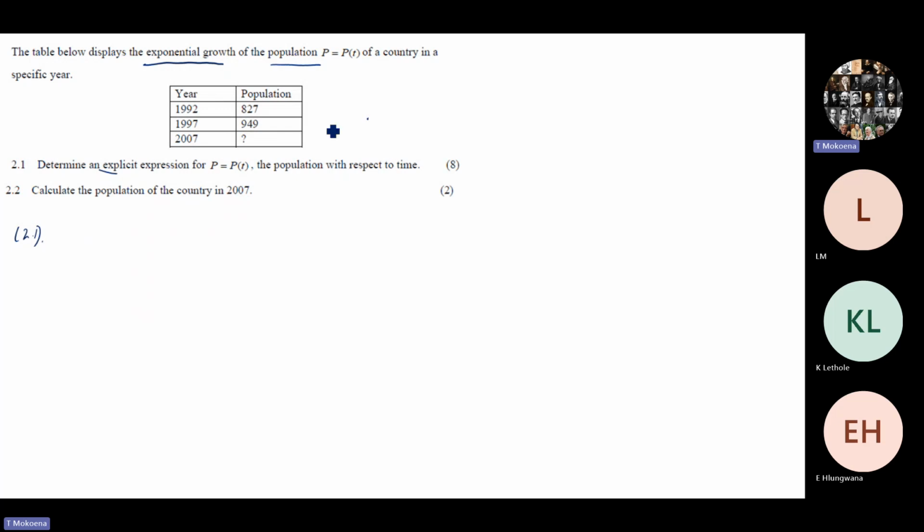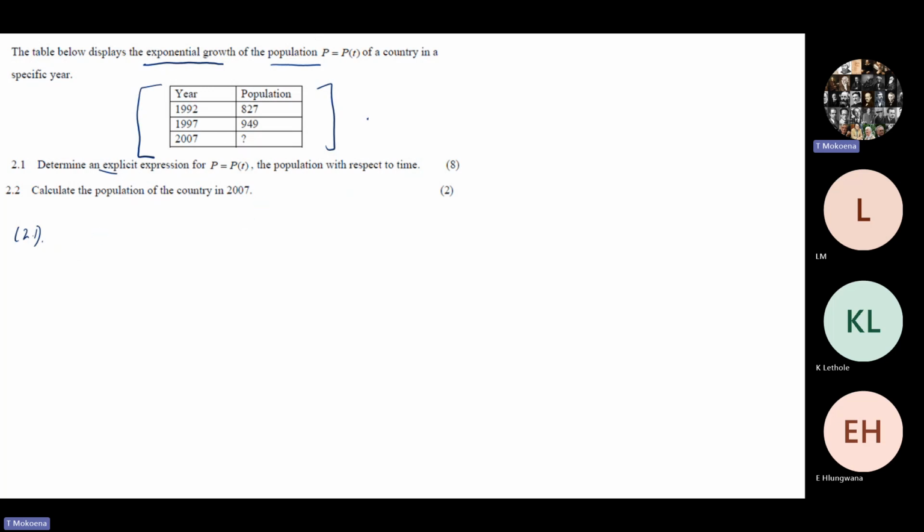But because we are given conditions, we're going to plug them into our general solution to get our constants. Then we go back to the general solution, substitute the constants, and we get the particular solution. So basically, this table shows the conditions provided.